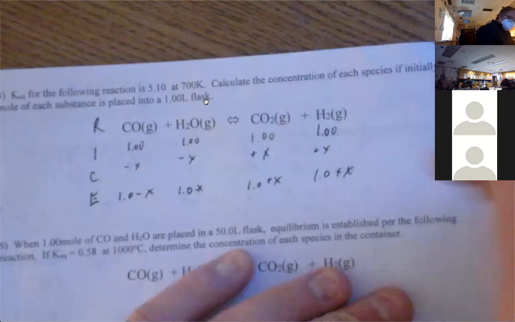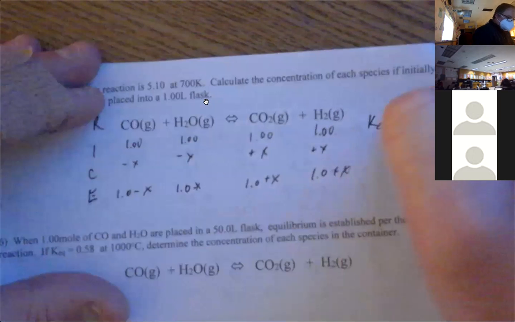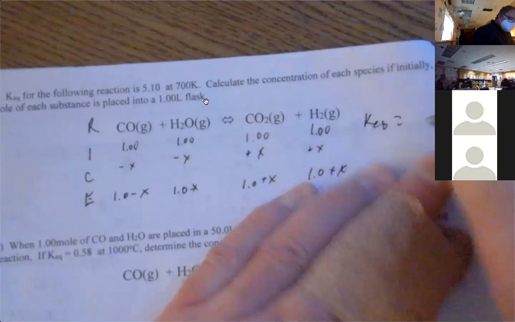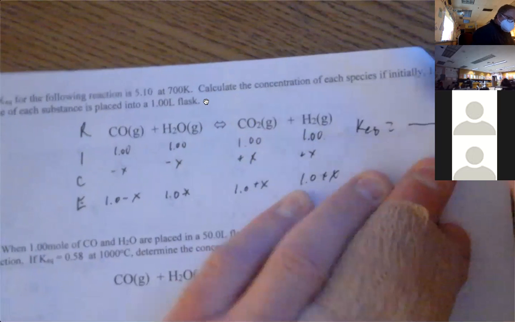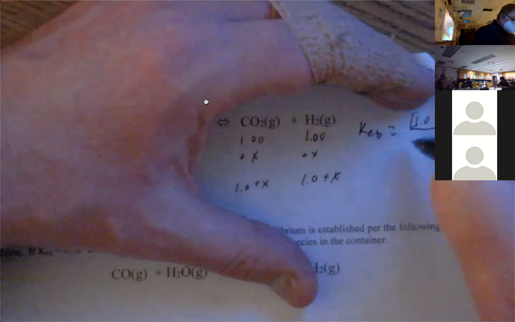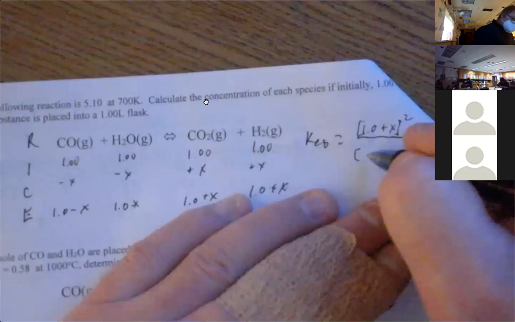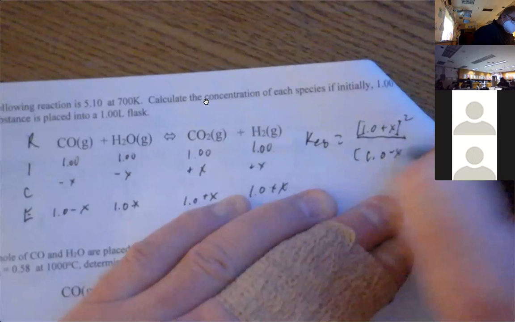So K sub EQ equals that 5.1. And it looks like what we're going to end up with is products over reactants as always, 1.0 plus x squared over 1.0 minus x squared.